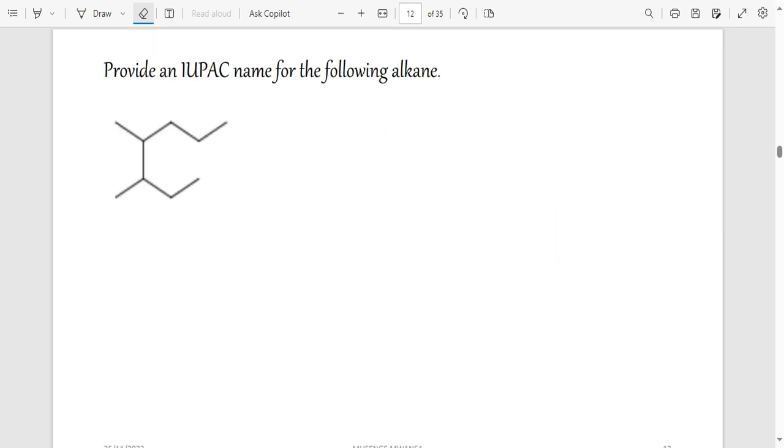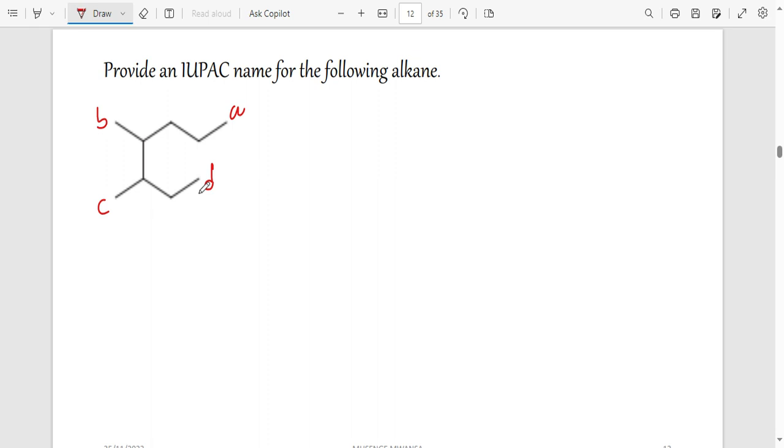Okay, so we can practice on this. Anyone to tell me where I am going to start counting from? Let me label A, B, C, and D. Where are we going to start counting from? From A, B, C, or D?